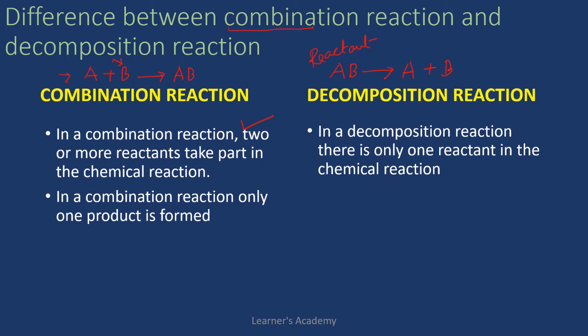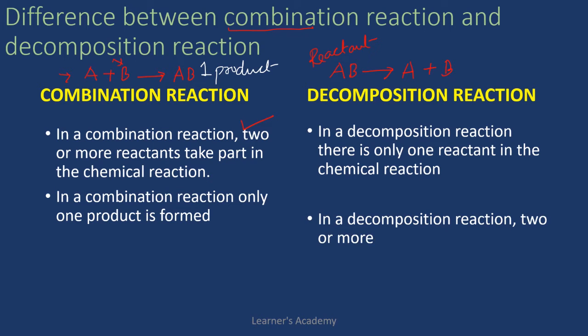You can see there is only one product formed here, AB. While in case of a decomposition reaction, what happens? Two or more products are formed. You can see there are two or more products formed here, A and B. So this is the second point.